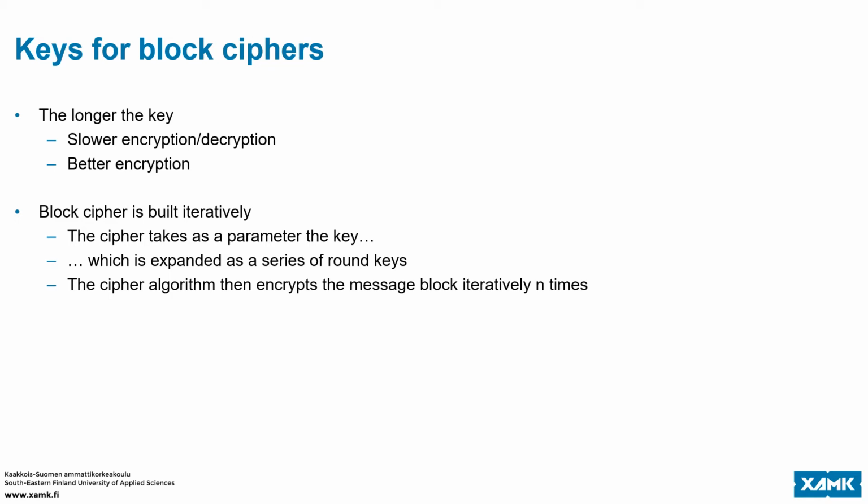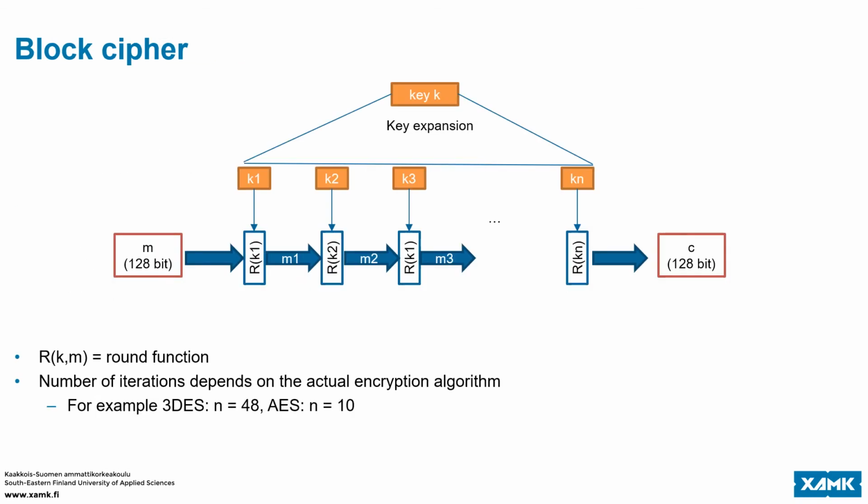Block ciphers are built iteratively. That is, the cipher takes the key as a parameter, which is then expanded as a series of round keys, and the cipher algorithm encrypts the individual message blocks iteratively a number of times. A block cipher starts by taking the key, K, and expanding it to a series of round keys.